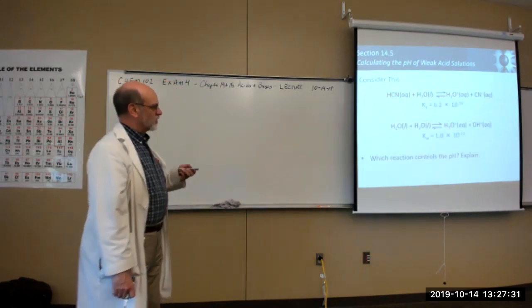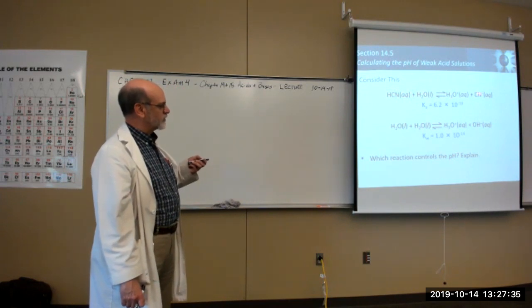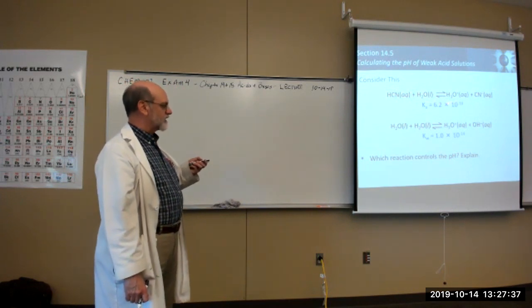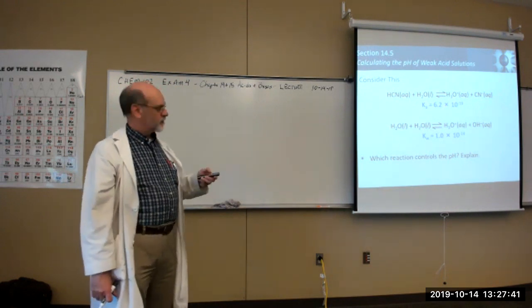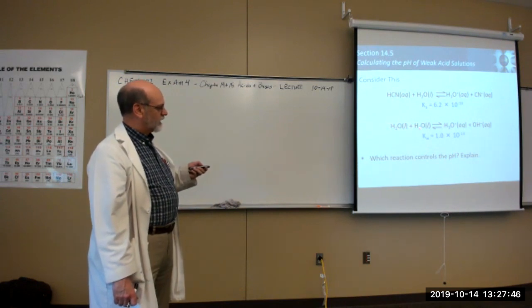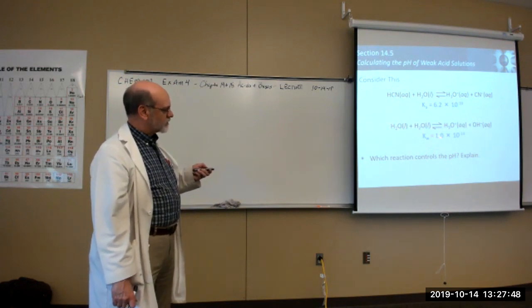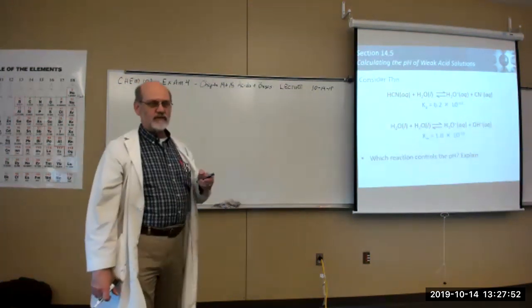So here's what the reaction looks like. HCN plus water yields hydronium ion plus cyanide ion. And the Ka is this. But water also reacts with itself, right? And its K is 10 to the minus 14. Which reaction controls the pH?